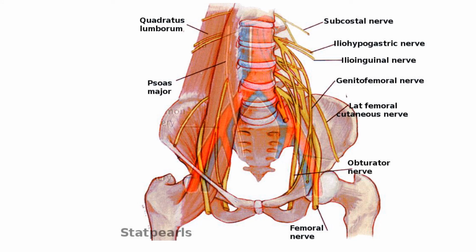Then there are the subcostal nerve, iliohypogastric nerve, ilioinguinal nerve, genitofemoral nerve, lateral cutaneous nerve of the thigh, obturator nerve and femoral nerve. All these nerves pass within the wall of the pelvis, but they innervate the gluteal region and the muscles of the leg.